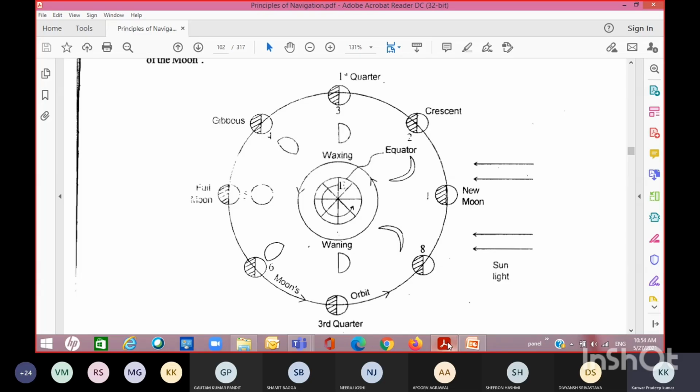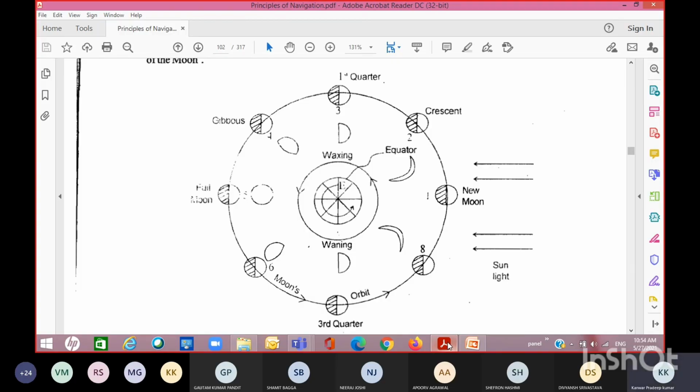So the shape of the crescent you must note, and which side of the horizon it is. When you look at the sun, for 1 month, do this practice every day. Look for Venus, look for the moon. Which side is rising, the crescent with the curve on top or the curve at the bottom?